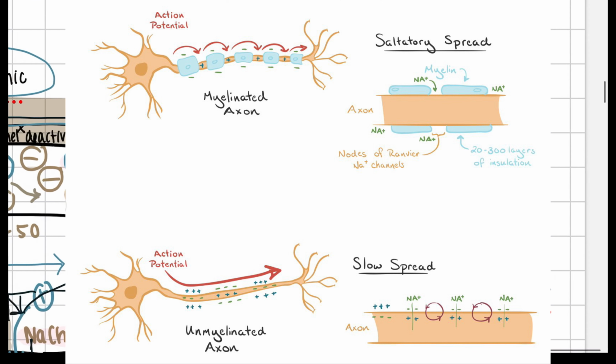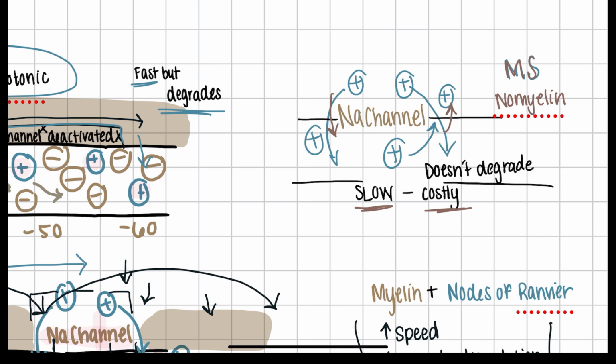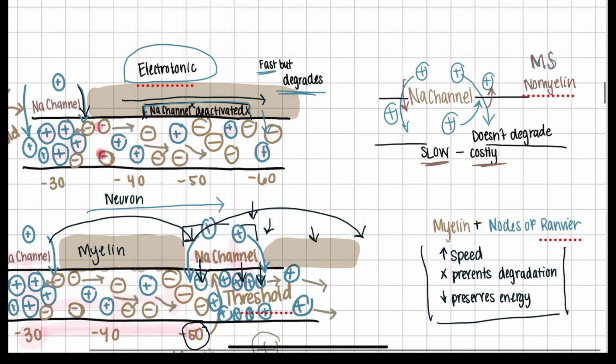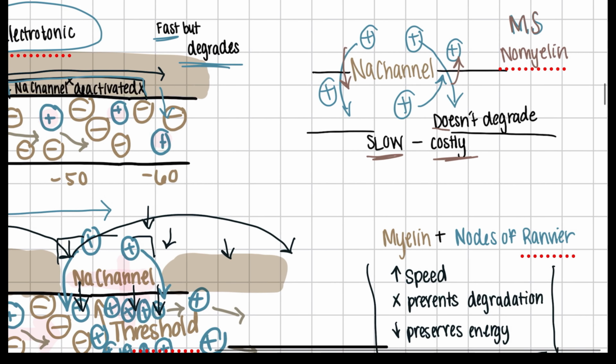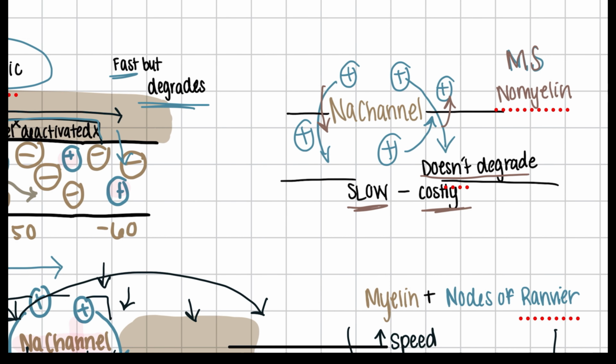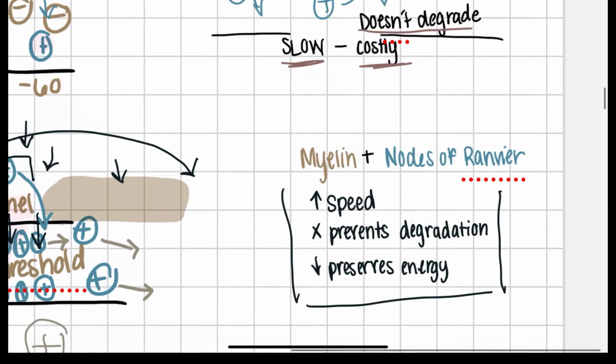So it's going to be time-consuming, and it's not a passive, per se, process like the electrotonic conduction is. But it doesn't degrade. So someone with MS, where they have degradation of their myelin, that's why their neuronal impulses are much slower. And we can see those with dyskinesias and stuff like that too.